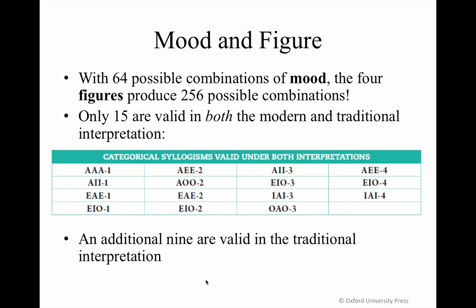Remember, the modern and the traditional interpretation of the universal claim. So you can see, for example, that any argument with mood and figure AAA1 is valid on both interpretations.